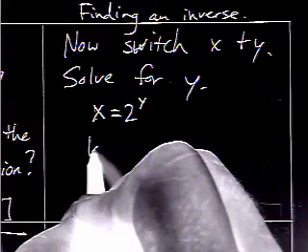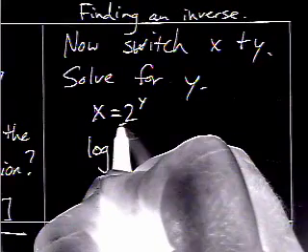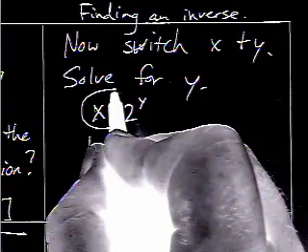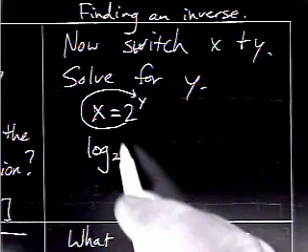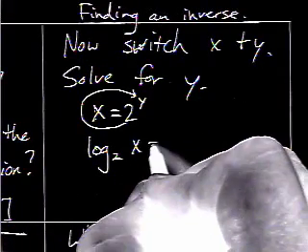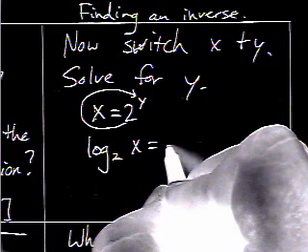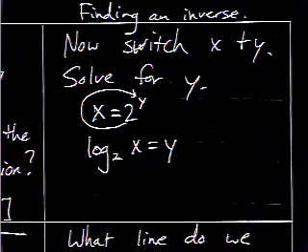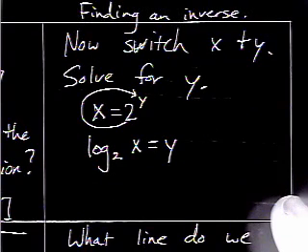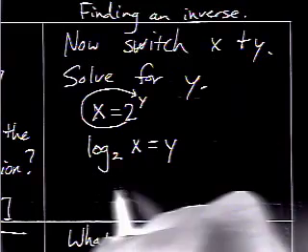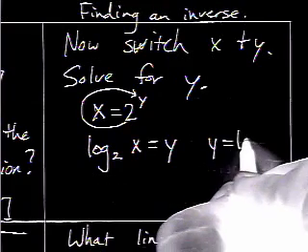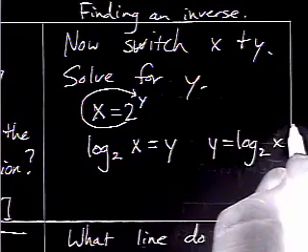So the base is 2. The argument is x. The exponent that it equals is y. Right? Logarithms are just exponents. So there it is. Y equals, you can write it the other way if you want. Y equals log base 2 of x.